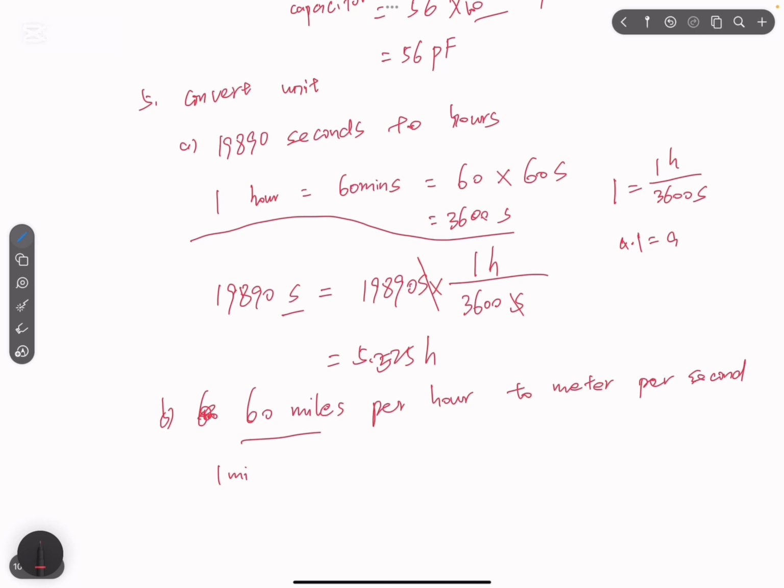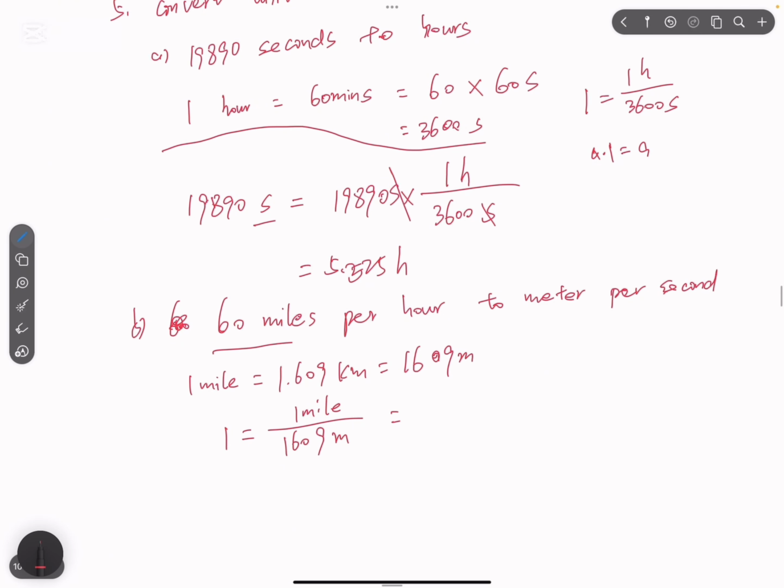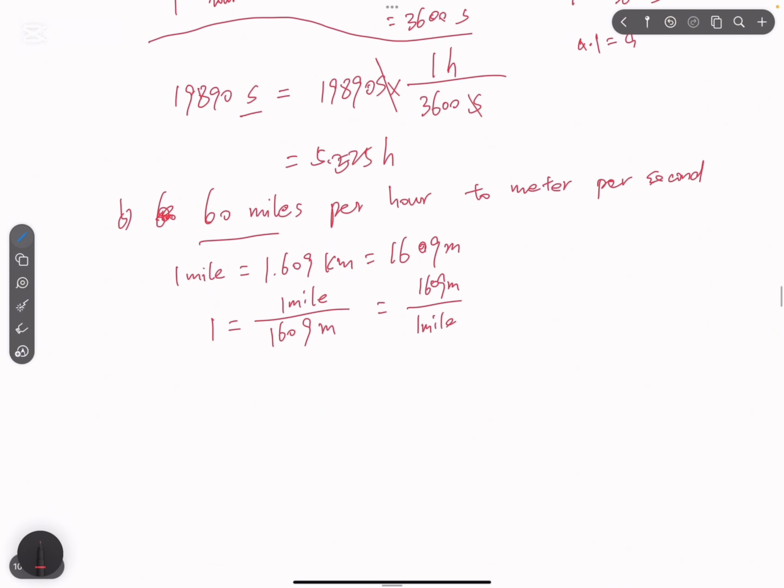So 1 mile is 1.609 kilometer, which equals 1609 meters. So from here we can get 1 equal to 1 mile divided by 1609 meters, or 1609 meters divided by 1 mile.